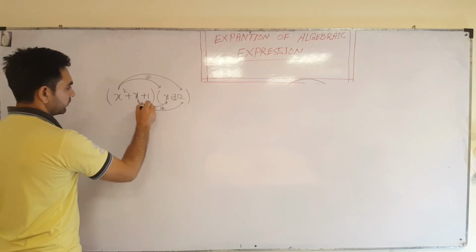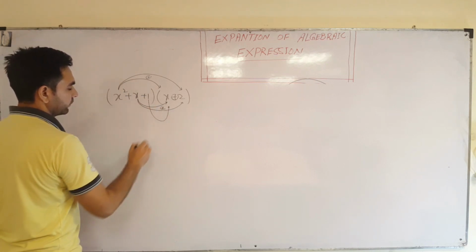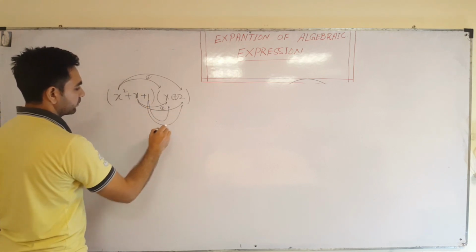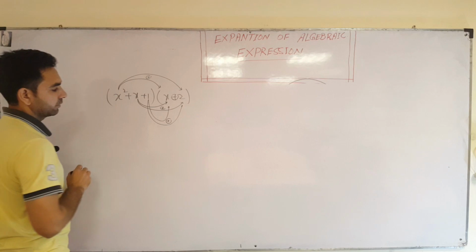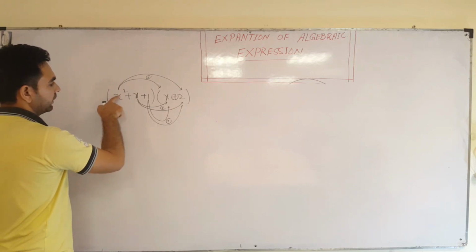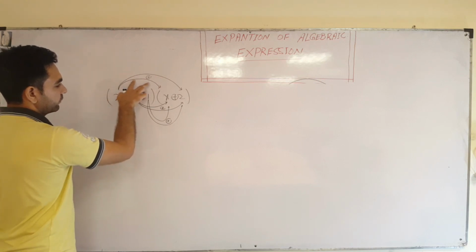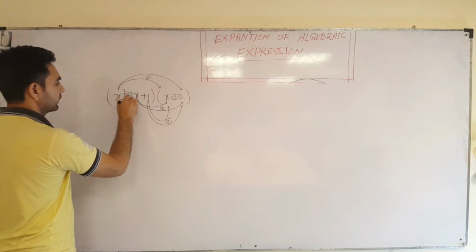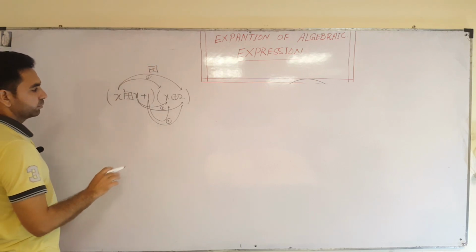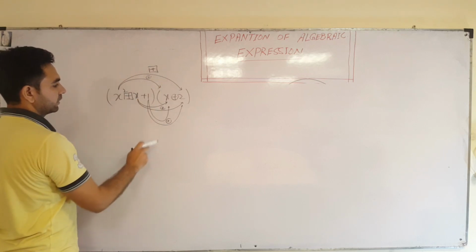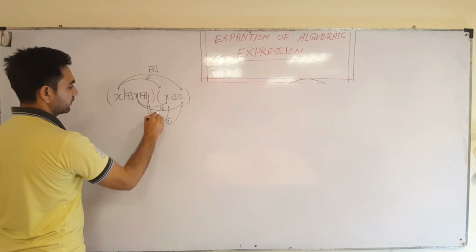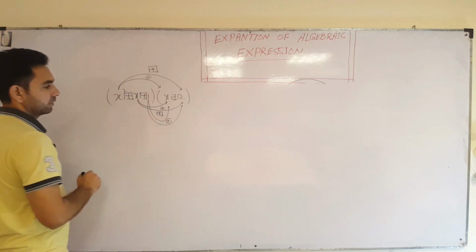And now again the first one is multiplied to the first one, and this is multiplied to the second one with that sign. You're done with the first one, you use this symbol, then write down the second one. When you're done with the second one, you write down the sign and go to the third one.